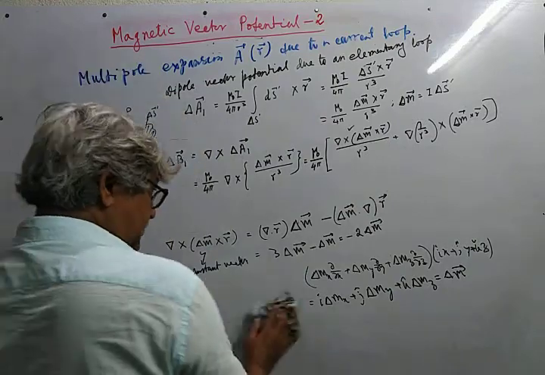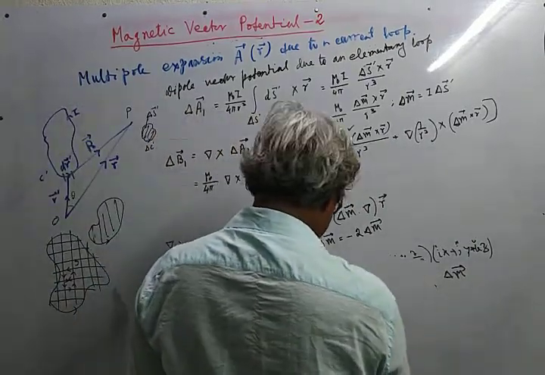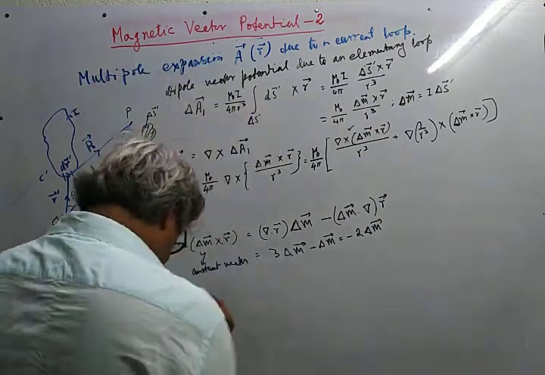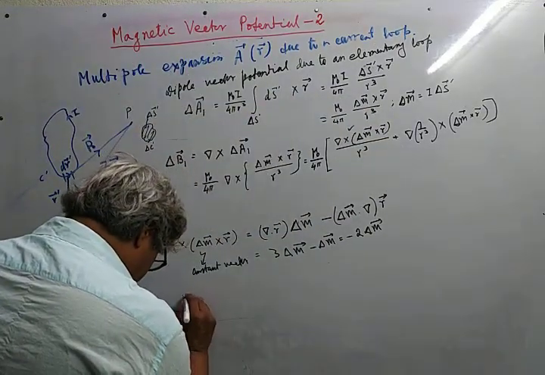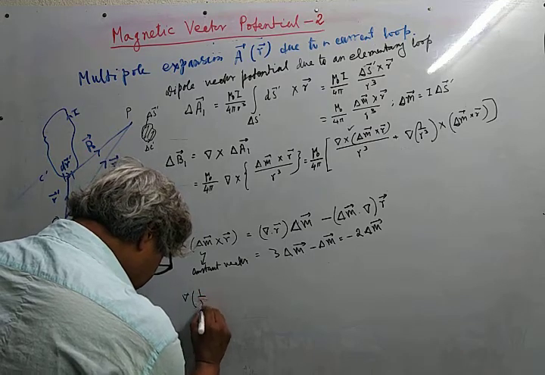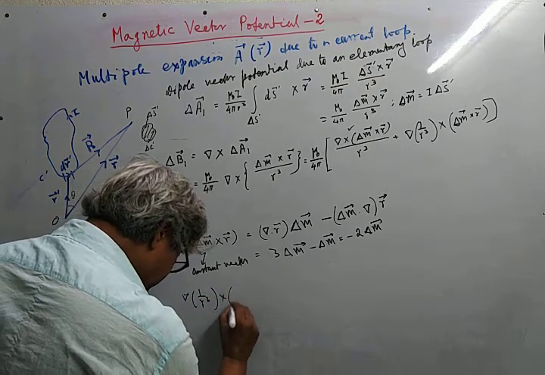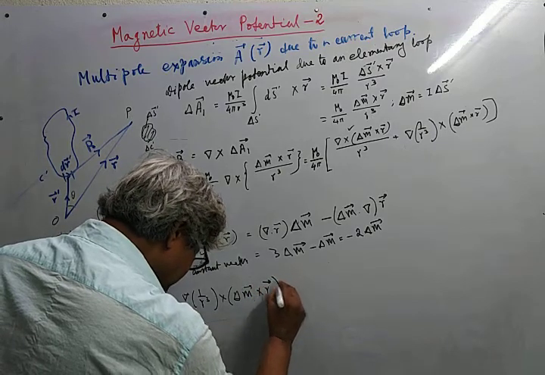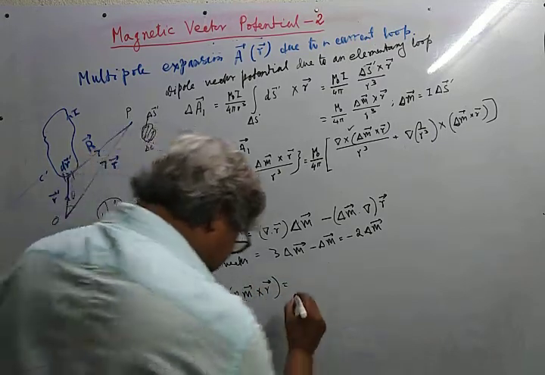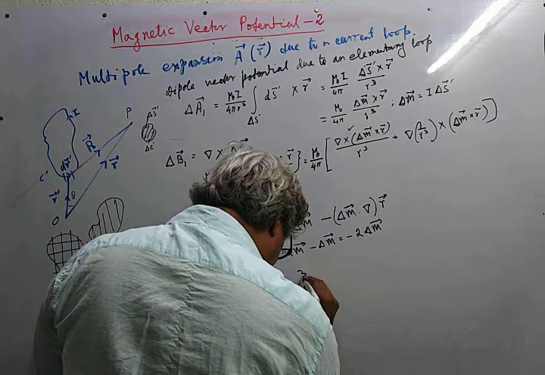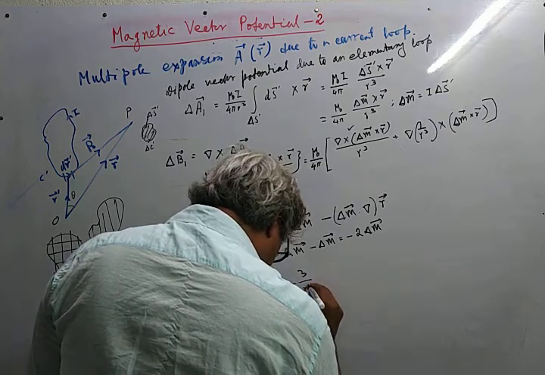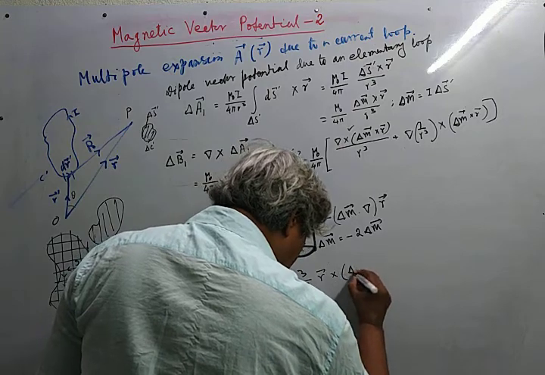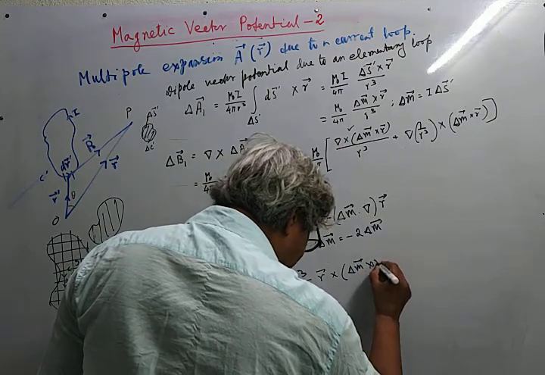Now come to the second term. For this we write minus 3 by r cube r cross delta m cross r.